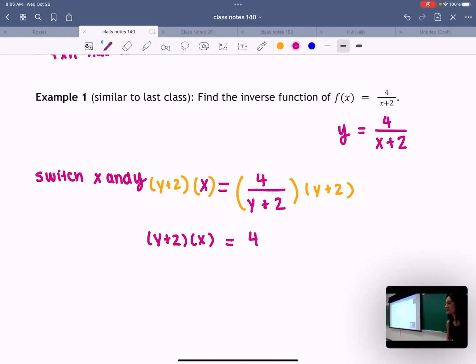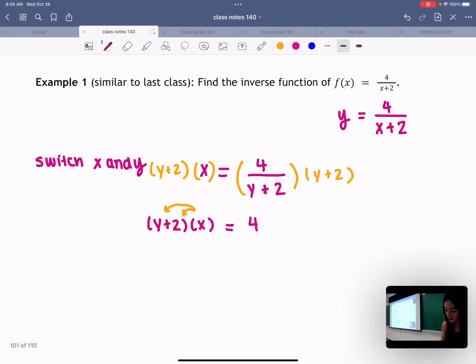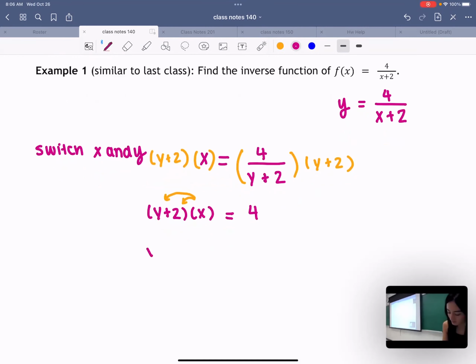Any other ideas? That's a good idea, right? We have two things that are multiplied together. And maybe I can FOIL this, or distribute the x over to the y and the 2. So I'm left with yx plus 2x equals 4. Okay.